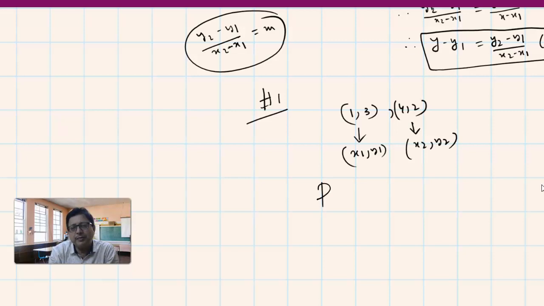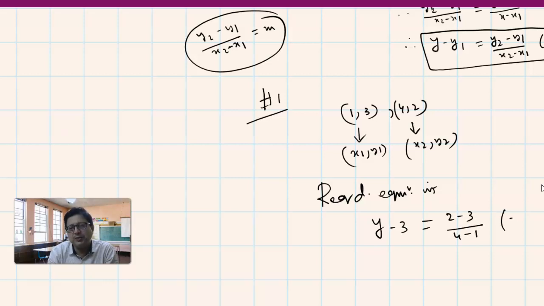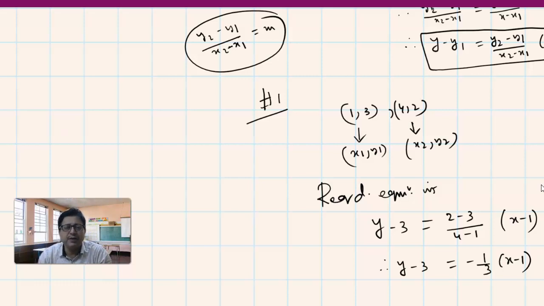So the required equation will be y minus y1, that is y minus 3, equal to (2 minus 3) by (4 minus 1) into (x minus 1). So y minus 3 is minus 1/3 into (x minus 1). This is the required equation of the straight line. It is y minus 3 equal to minus 1/3 into (x minus 1).